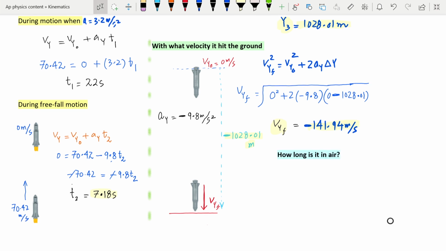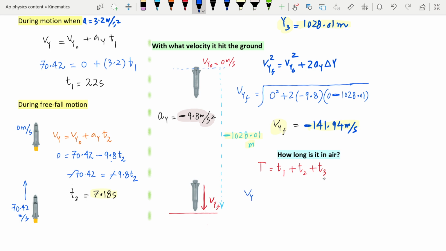Now a last question but not least, how long was it in the air? For this, the grand total time should be equal to the sum of t1 plus t2 plus t3, where t3 is the time it takes to go from the maximum height to the ground. We already know t1 and t2. How do we calculate t3? Because it's accelerating with a constant value, you can apply this equation.